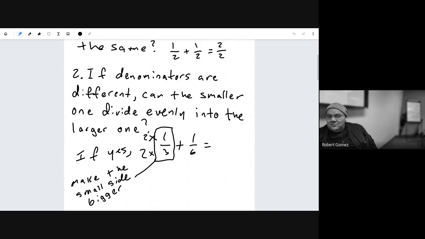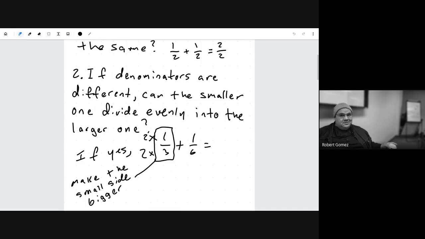So here we have 1/3 and here we have 1/6. We ask, can that smaller number divide evenly into the larger one? If the answer is yes, then we stop and start doing some math. Does 3 go into 6? Yeah, 3 goes evenly into 6. And remember, that's because 6 is a multiple of 3, right?